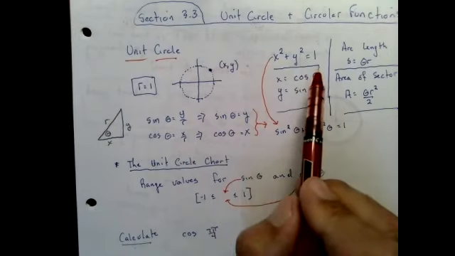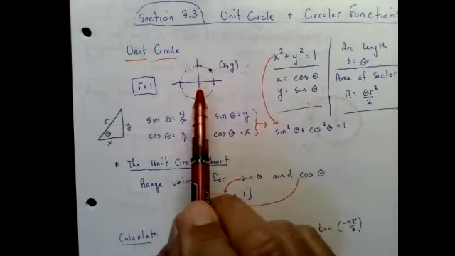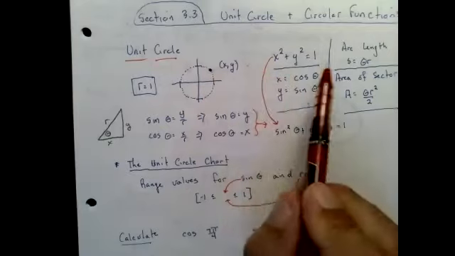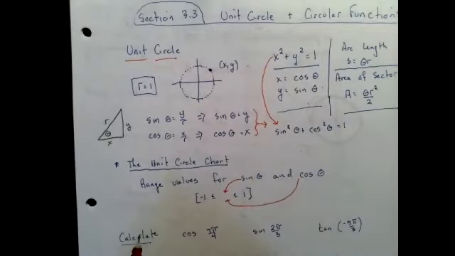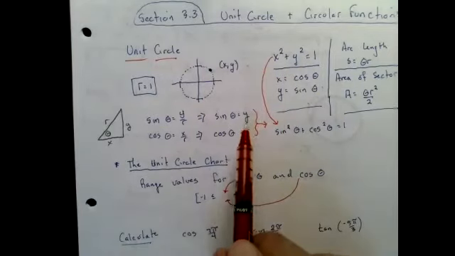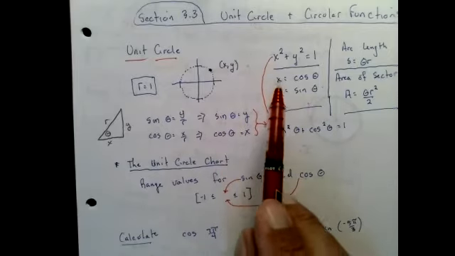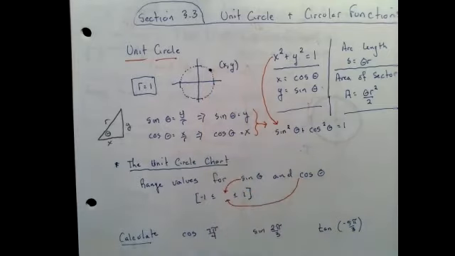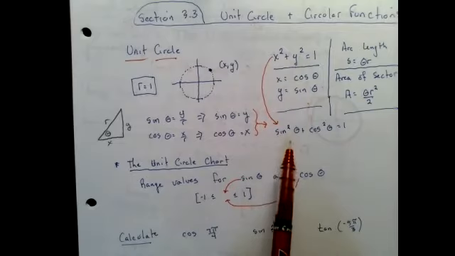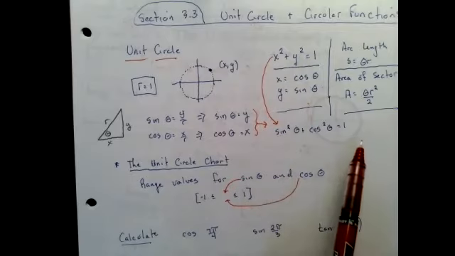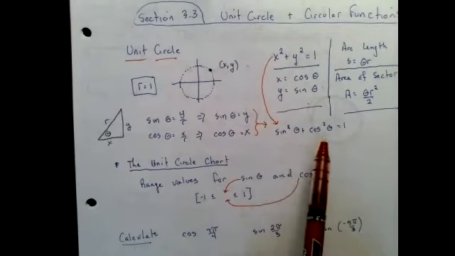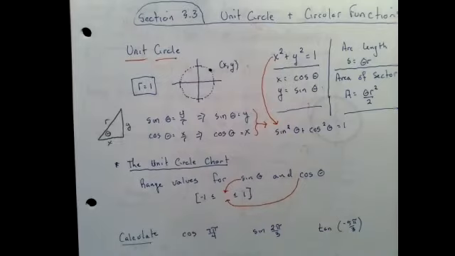We know if it's a unit circle, by the Pythagorean theorem, x squared plus y squared should equal 1. I'm just making a note here. If I know the angle measure, I can find that point X, Y by taking the cosine of theta and the sine of theta. And of course, this ties right back into my Pythagorean identity: sine squared plus cosine squared equals 1.